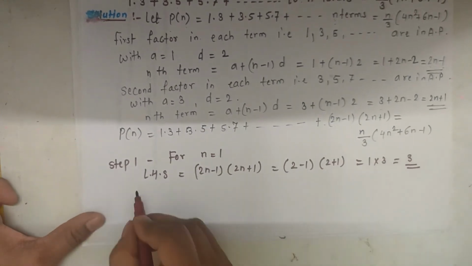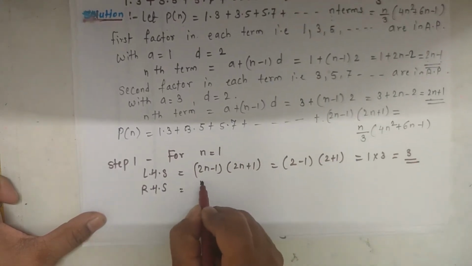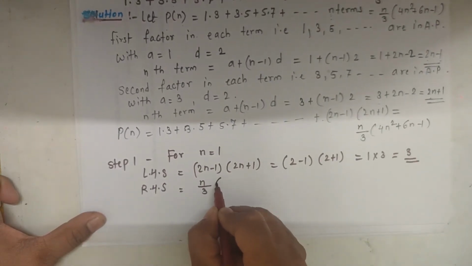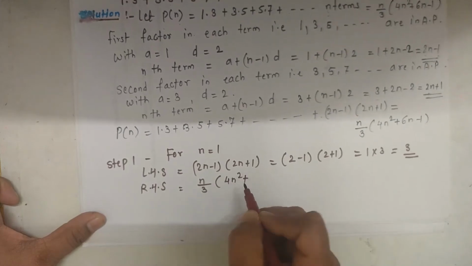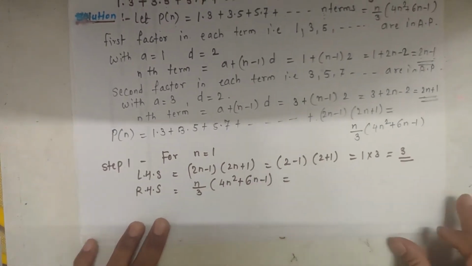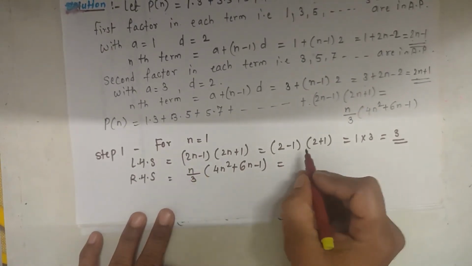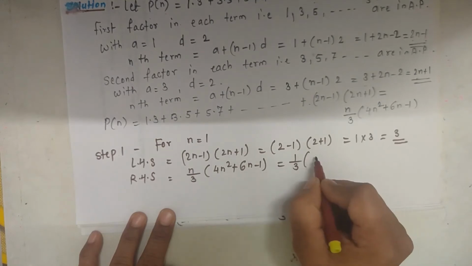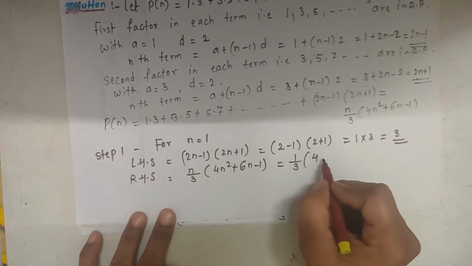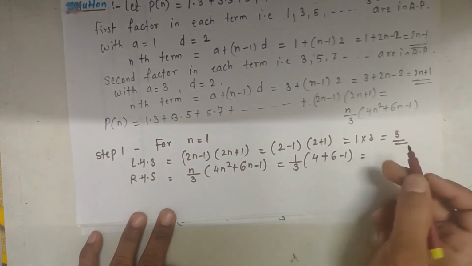LHS is 3. Now for the RHS, here RHS is n by 3 into 4n square plus 6n minus 1. Put n is equal to 1, then we get 1 by 3 into 4 into 1 square, that is 4, plus 6 into 1, 6, minus 1.